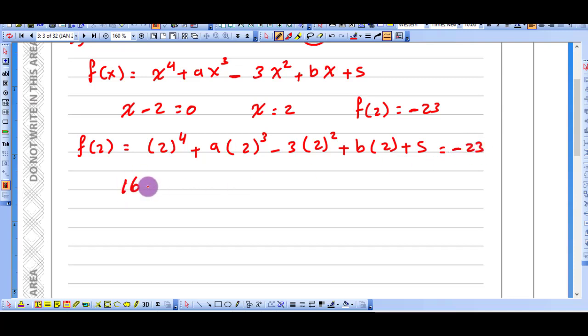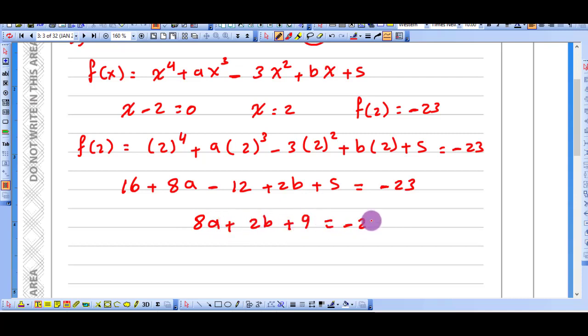So 16 plus 8a minus 12 plus 2b plus 5 is equal to minus 23. So we have 4 plus 5 equal to 9. So 8a plus 2b plus 9 is equal to minus 23.